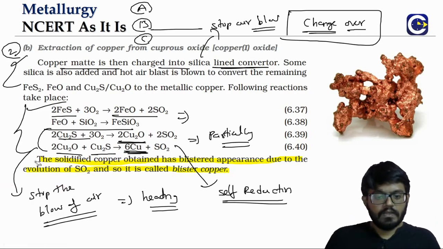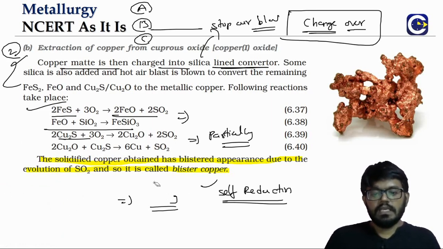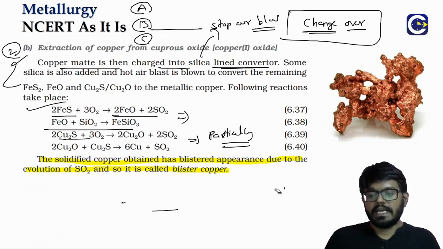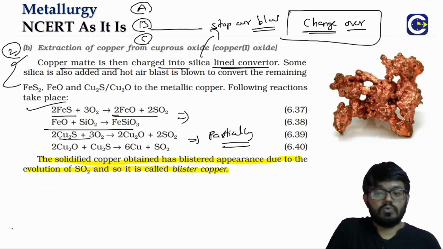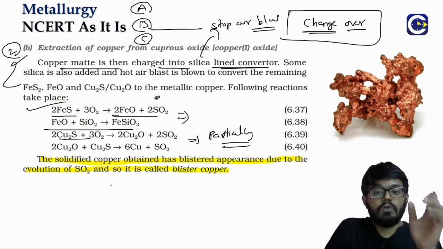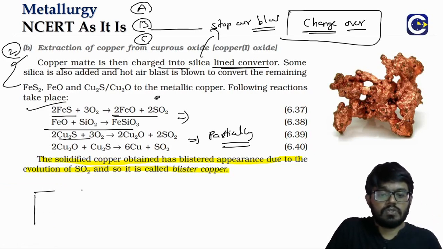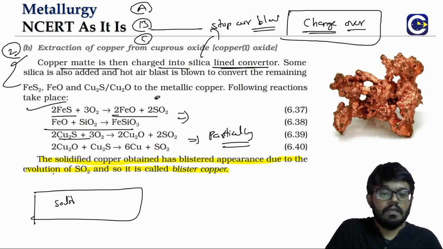And once the self reduction is over, we will see the copper in the molten state, and once we take it out and it starts solidifying, some amount of the SO2, because in this process in the Bessemer converter we have SO2 coming, will keep evolving. So while we are allowing the molten copper to solidify, some amount of SO2 will be escaping.